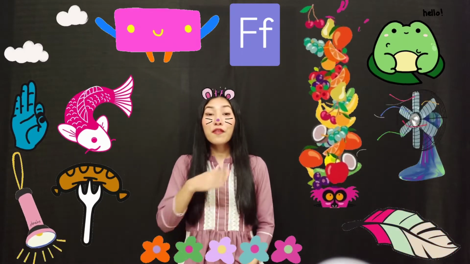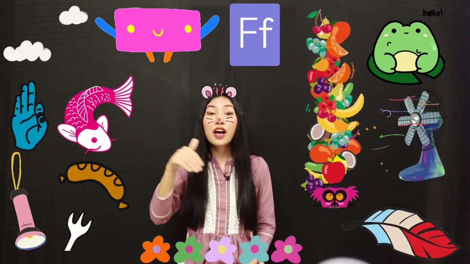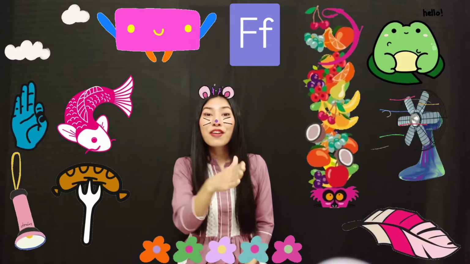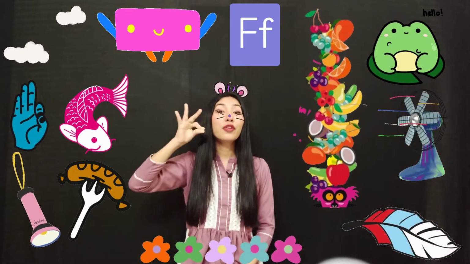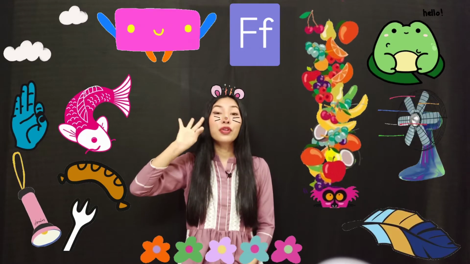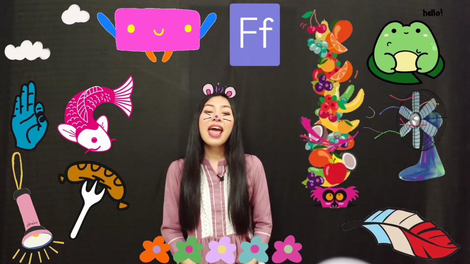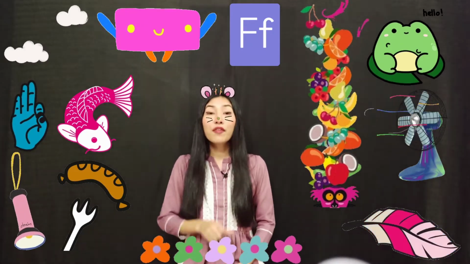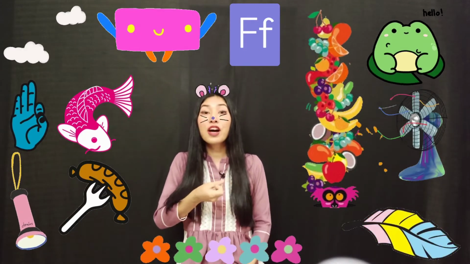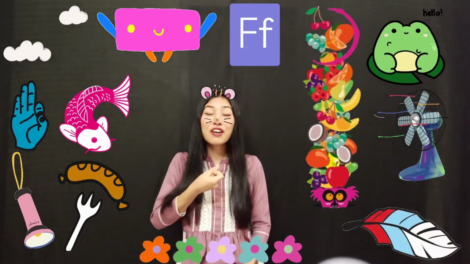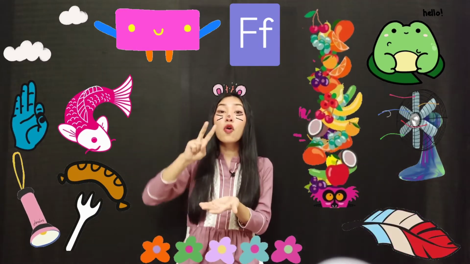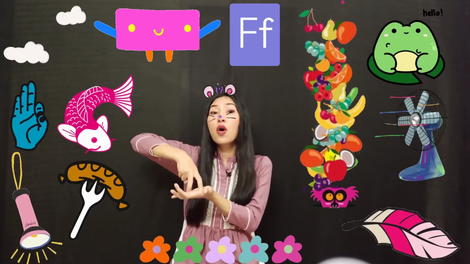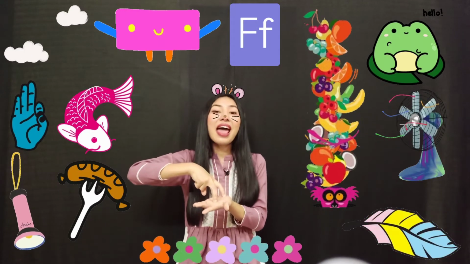F is for fish, fish, fish. F is for fruit, fruit. F is for flashlight, flashlight, flashlight. F is for fork, fork.